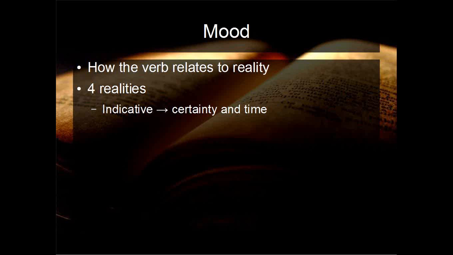And as a matter of fact, I don't have this in my notes, so please write this down. In regards to time, it is only in the indicative mood that time is being conveyed, only in the indicative. In the other moods, they do not really convey time, okay? So it's only in the indicative mood that time is really conveyed. The other moods, not so much.